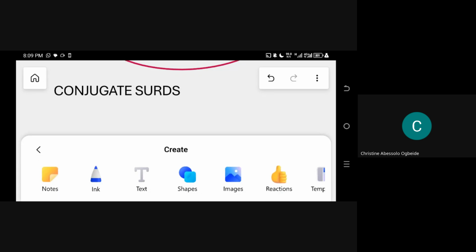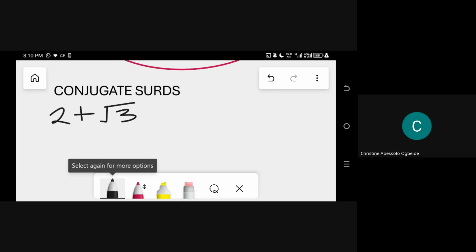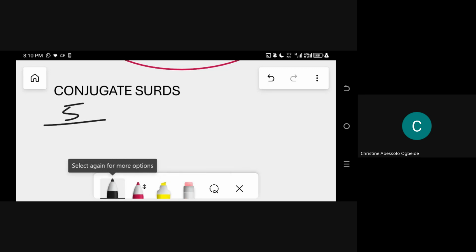Now, in conjugate surds, you still have a surd at the denominator, but only this time it is given as an expression, something like 5 over 2 plus root 3.